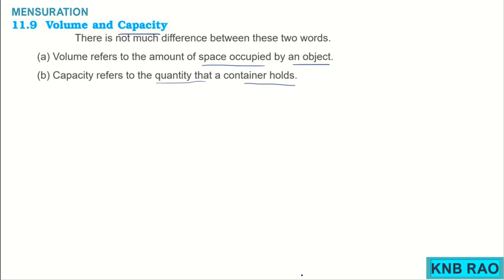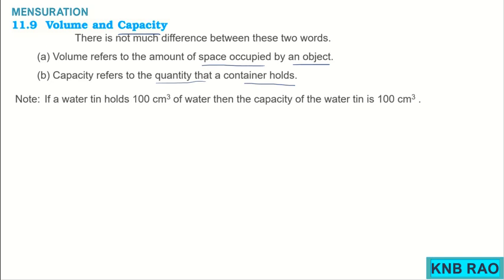Normally in the case of liquids, we say capacity. Note here, if a water tin holds 100 centimeter cube of water, then the capacity of the water tin is 100 centimeter cube. So capacity is also measured in terms of liters.